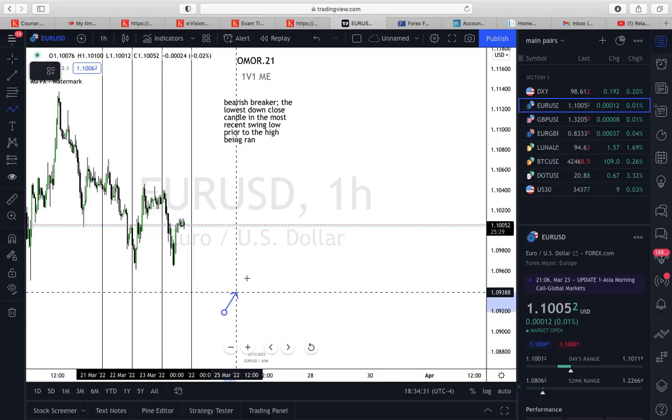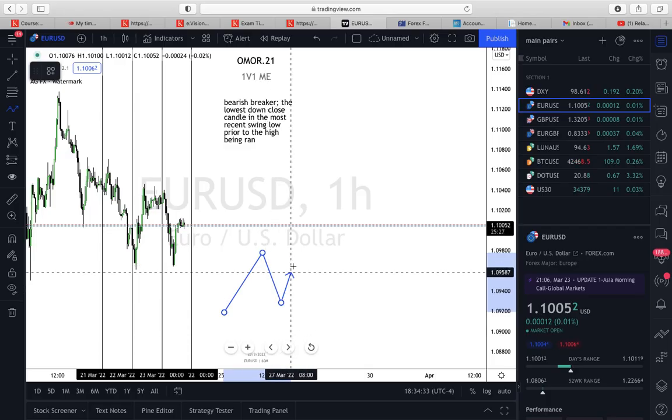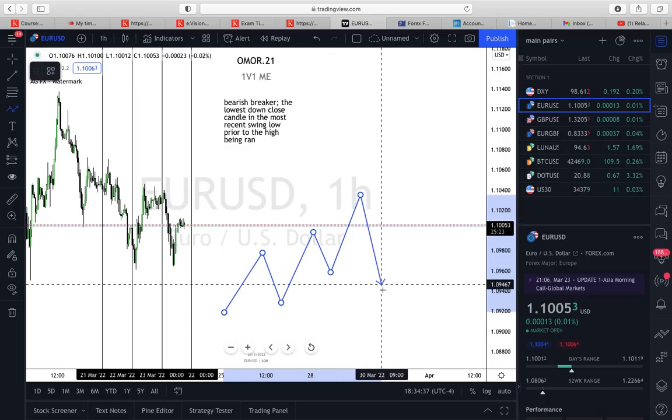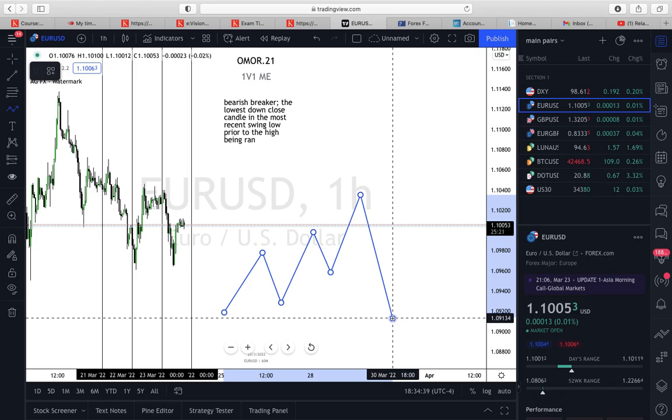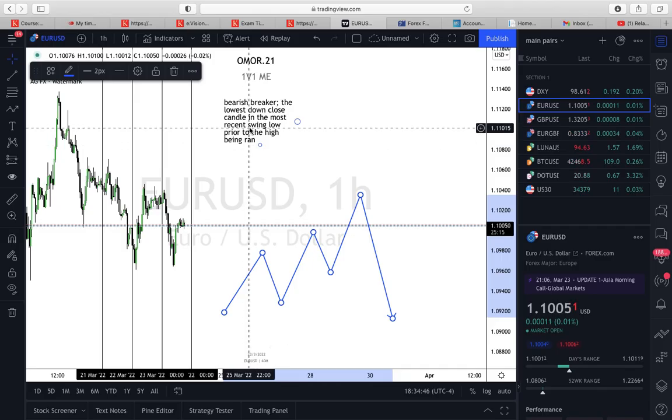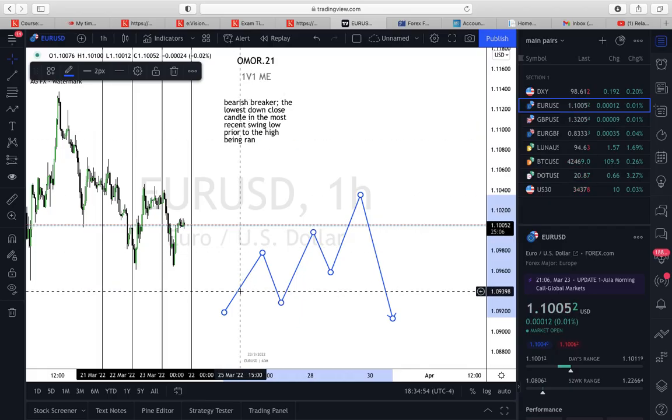So let's say we have a market moving like this. Let's move it like this, move it like this. Which one of the lows, yeah? Pause the video and I want you guys to look at the definition. I want you to pick which one is the breaker.